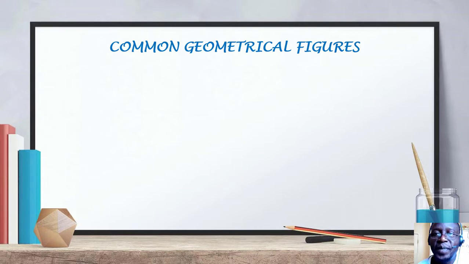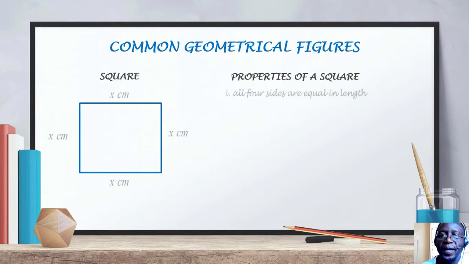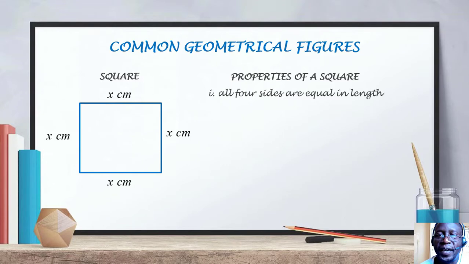Common geometric figures. The first common geometric figure we will study is the square. What are the properties of a square? In a square, all four sides are of equal length.